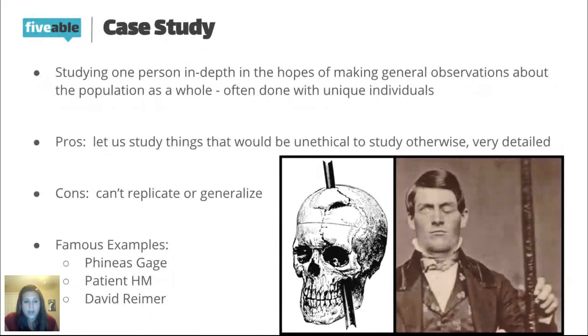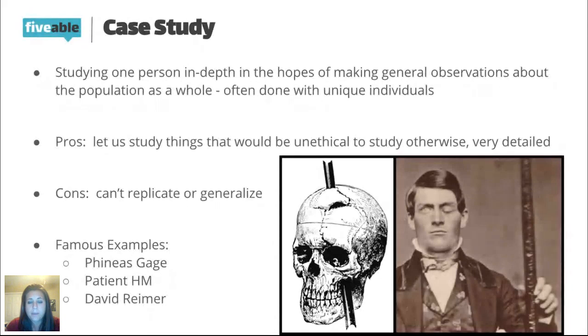And then the last one, I'm going to put a plug in. This is probably my favorite case study, David Reimer. And there's a documentary that I'm going to link after this video that you could watch if you're interested, from BBC. But basically, David Reimer is one of a set of twins. They were born, I want to say, in maybe the 60s or 70s.